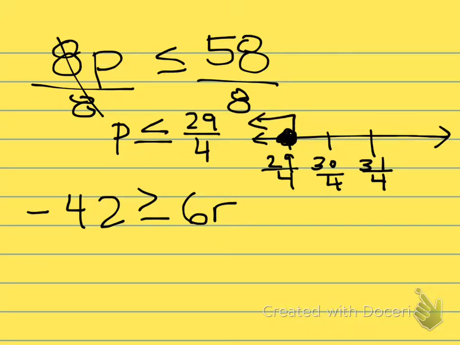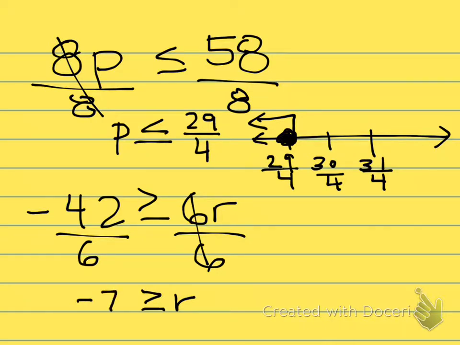The next one, solving for r. I need to divide by 6 on both sides. I have r, if I'm reading from the variable, is less than or equal to -7. Notice though that I did not divide by a negative even though my answer is negative, so I'm not flipping the symbol.